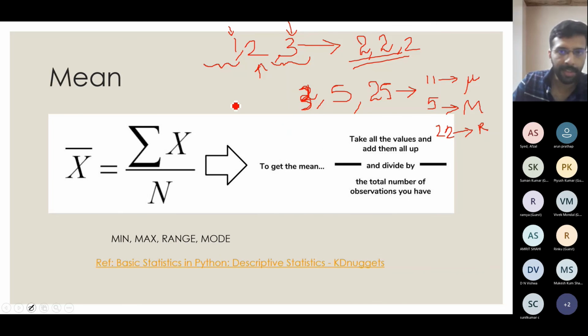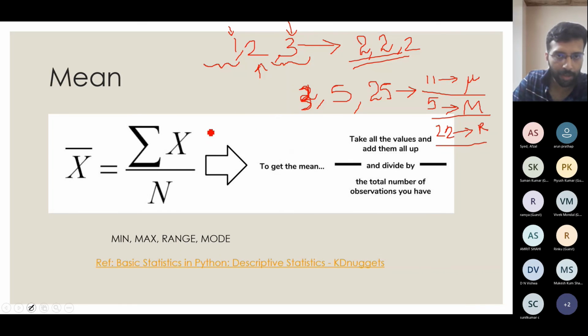So as you can see, when the range is comparable to my data, or mean, median, and all, it doesn't matter actually whether I go for a mean or median. But to consider the case here, I have got a median of 5, mean of 11, and a range of 22.